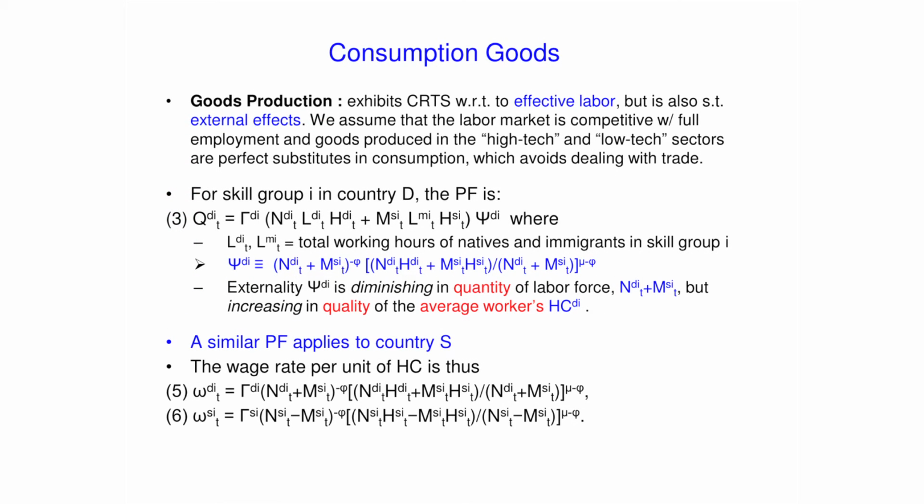Okay. Now I have goods production in the economy that depends on all the assumptions that I made so far, but another important aspect of it is that it also contains some external effects a la Lucas, that have to do with the fact that the average level of education of workers has a distinct and separate effect, making a contribution to the productivity of producing the different goods.